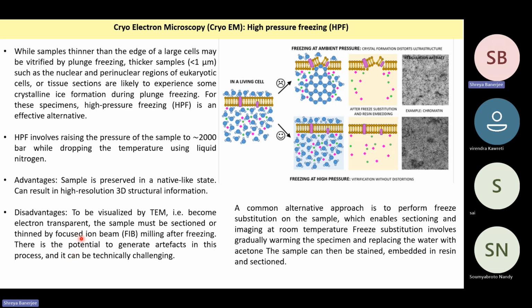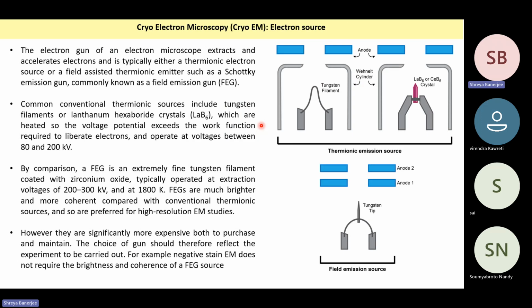So this is basically to generate this kind of focused ion beam, to study thick samples, it is a bit technically challenging. That is, the instrumentation required is more complex and costly. So this is how high pressure freezing, along with the plunge freezing, helps to study thicker samples.